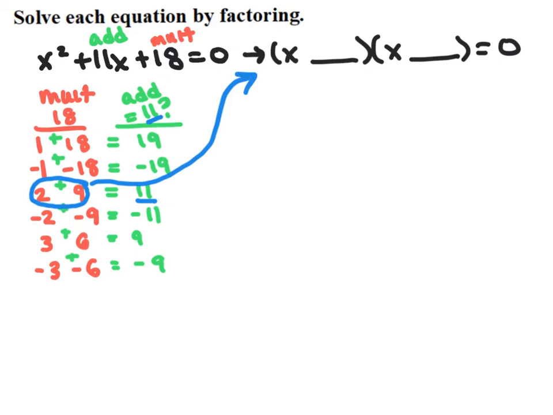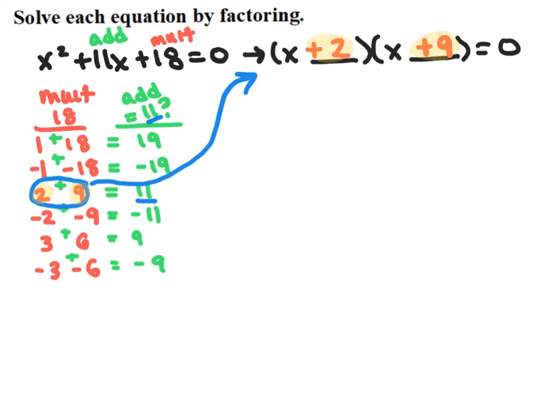The first number is 2, and since it's positive, we're implying x plus 2, so that fills our first blank. And then our second blank is the second number, which is 9. Since it's a positive 9, it implies plus 9 to fill in that blank. So we have x plus 2 times x plus 9.